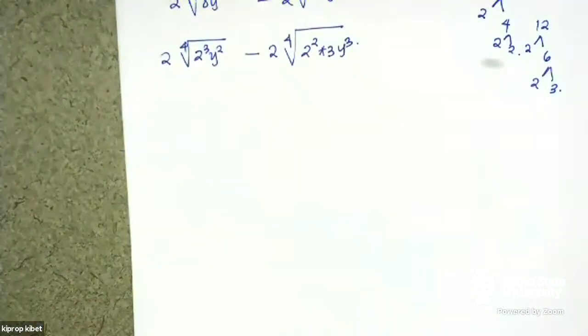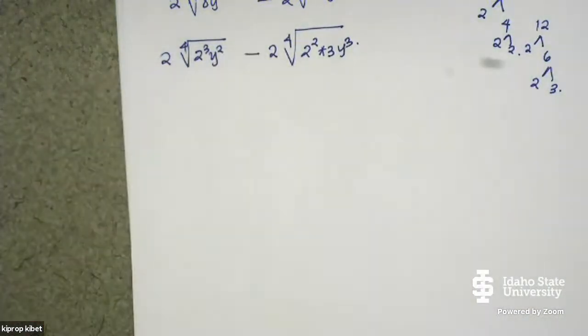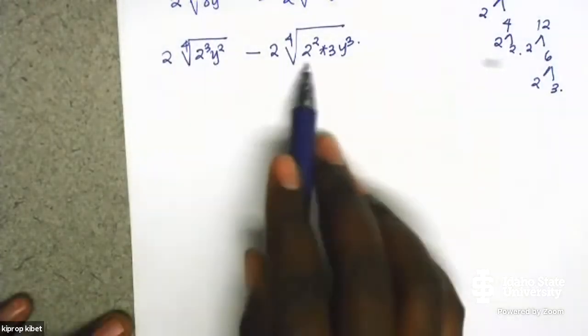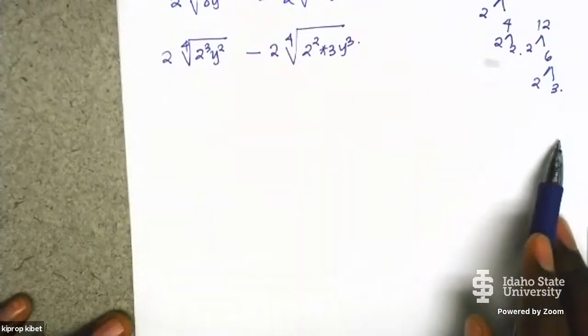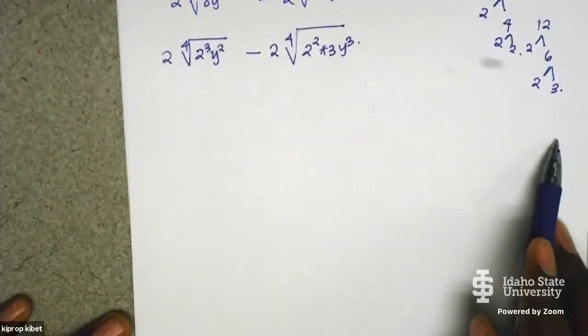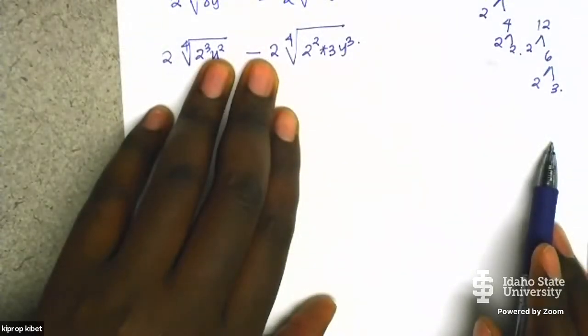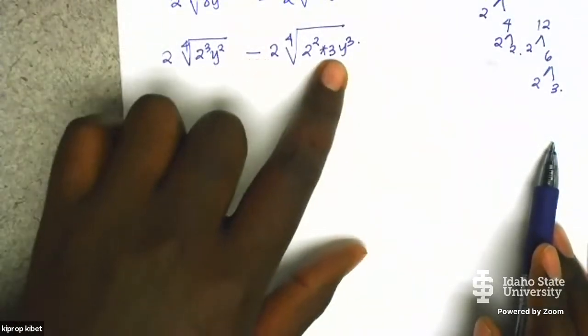In this case, since this one is subtraction, and these are not of the same kind, even if you simplify, there is no answer for this, right? Because this is not similar to this.